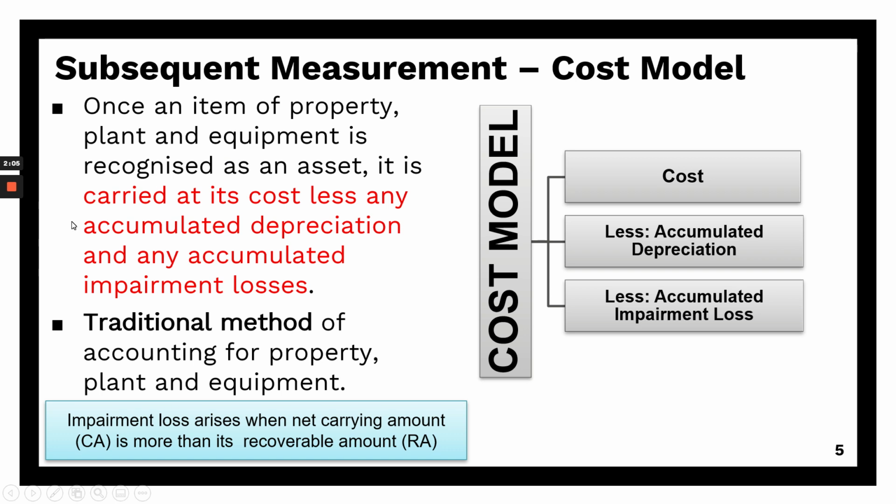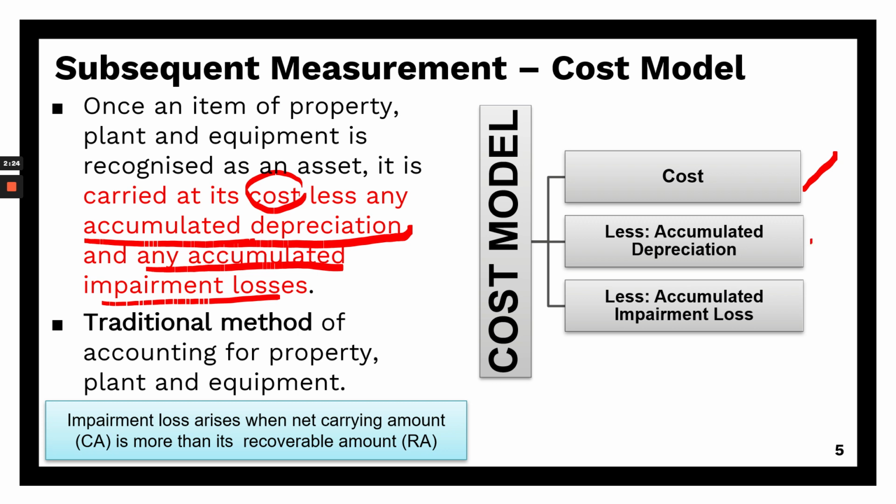Under this model, the item of property, plant and equipment will be carried at cost less accumulated depreciation and less any accumulated impairment loss. That is best illustrated here. If you have a cost, that cost should be deducted by accumulated depreciation and accumulated impairment loss.